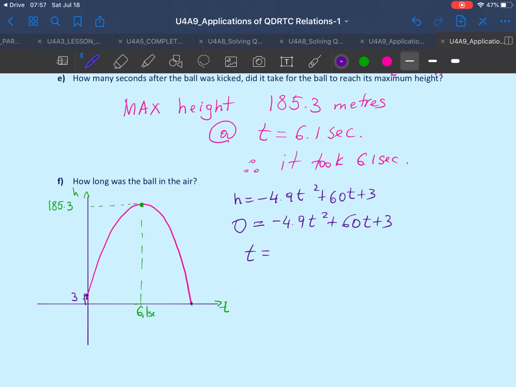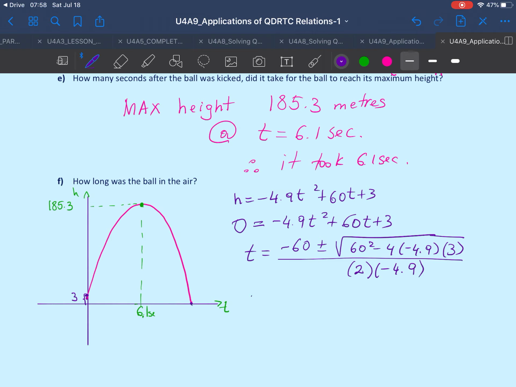Okay, so here we go. So we're going to solve for t. So, the quadratic formula: negative b, negative 60, plus or minus the square root of 60 squared minus 4 times negative 4.9 times 3, and that divided by 2 times negative 4.9.